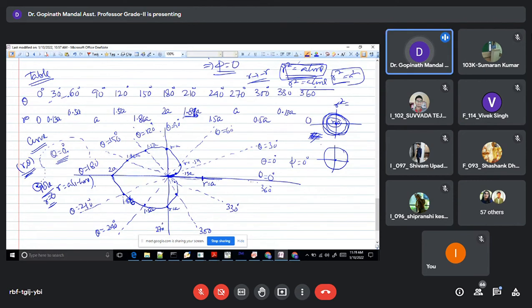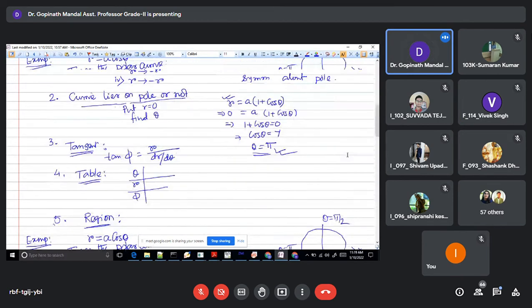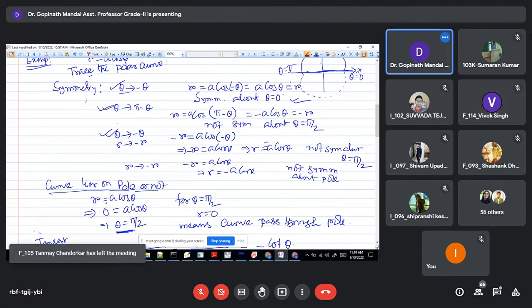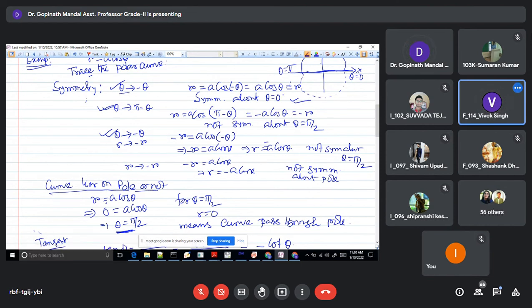Conditions 2 and 3, for symmetry about pi by 2.